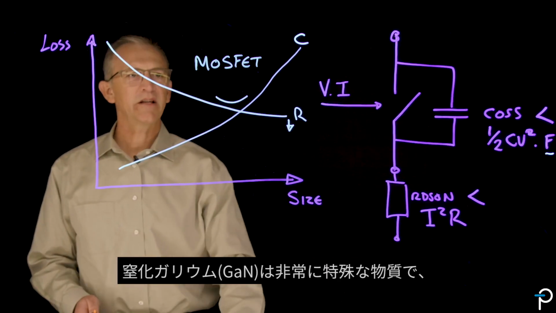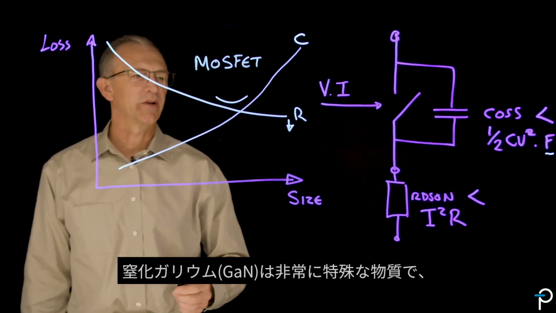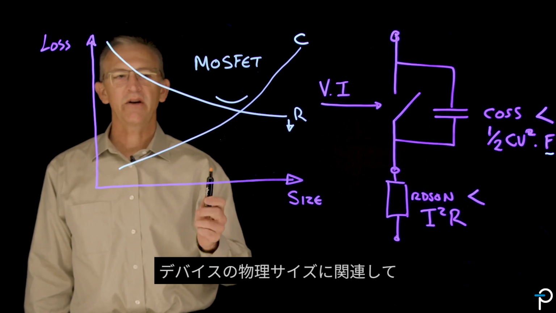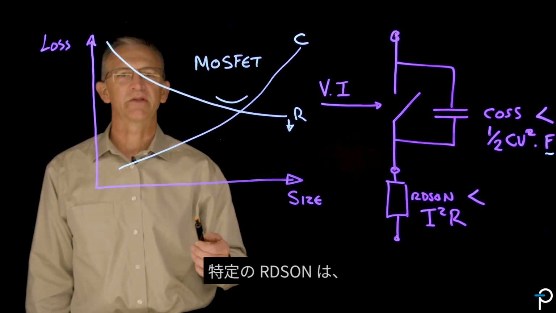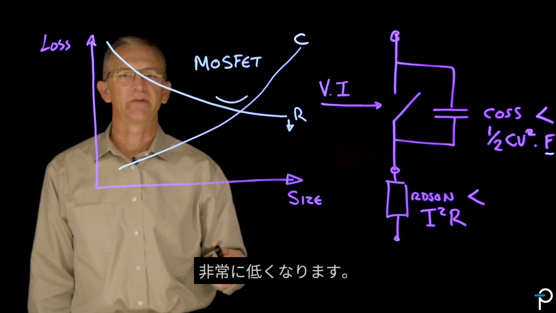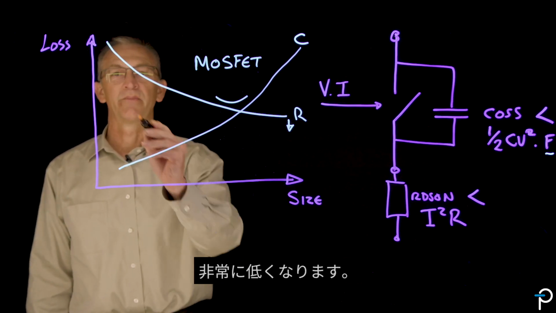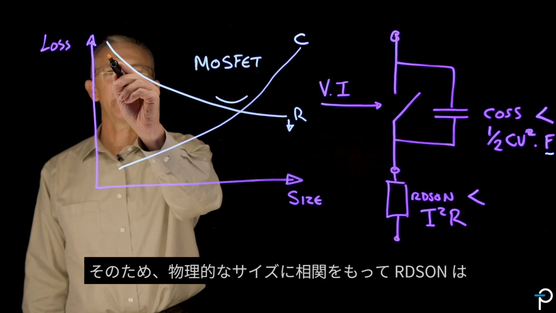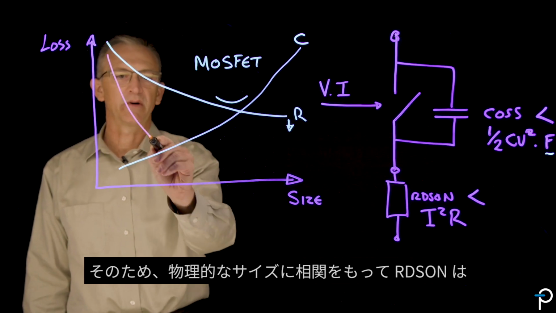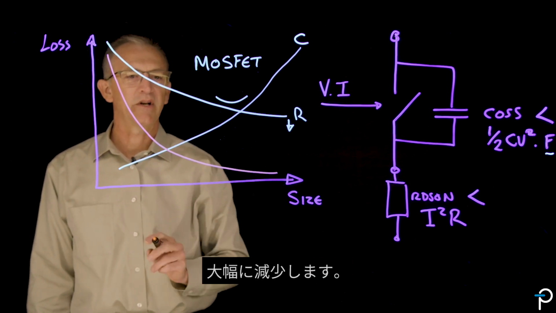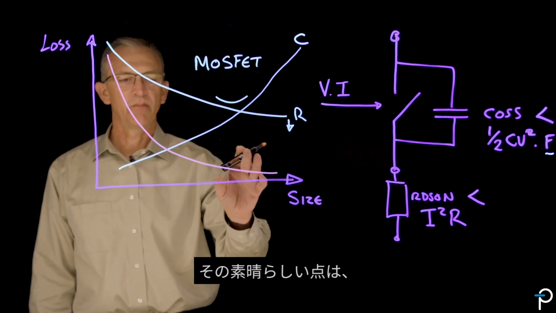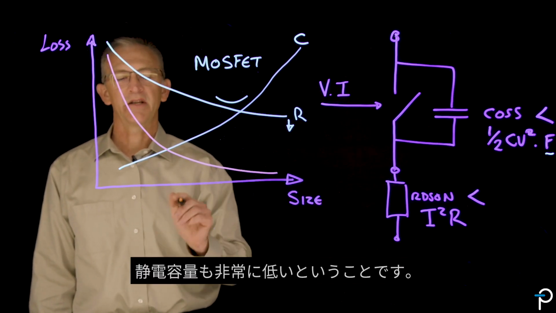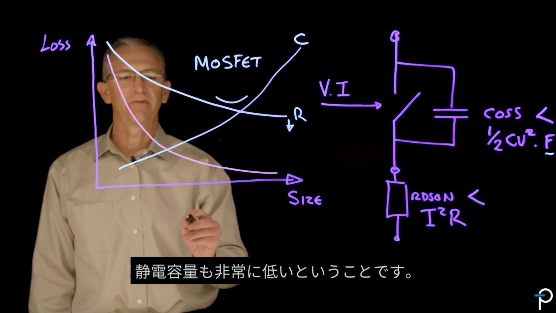Now, gallium nitride is a very special substance, in that its specific RDS(on), and that's the RDS(on) related to the physical size of the device, is very low. And so that provides us with a far steeper decline of RDS(on) related to the physical size. And the marvelous thing about that is that the capacitance is also very low.